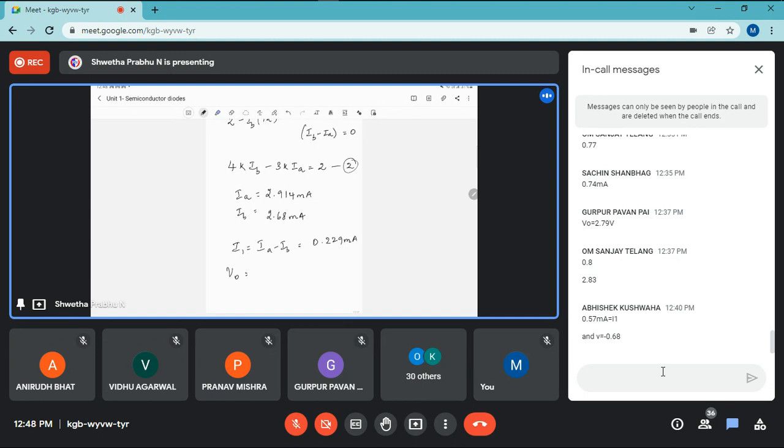Next, find the output voltage. 0.68 volt, ma'am.